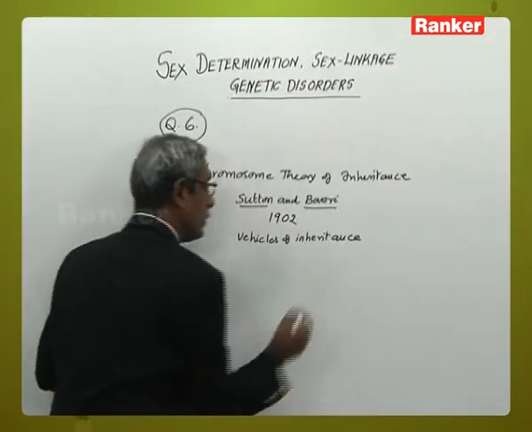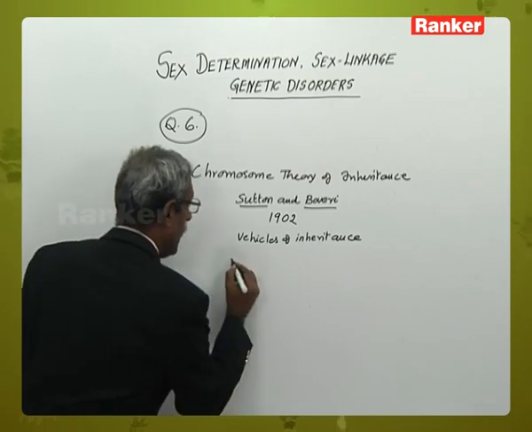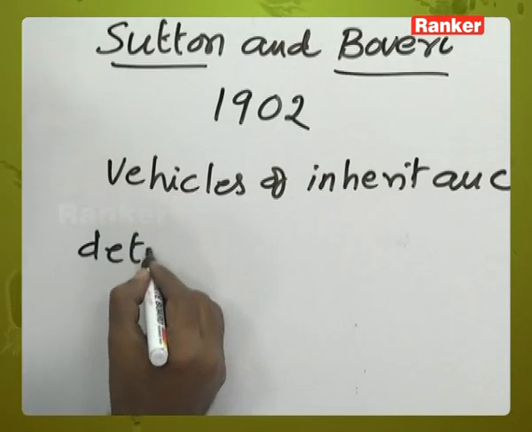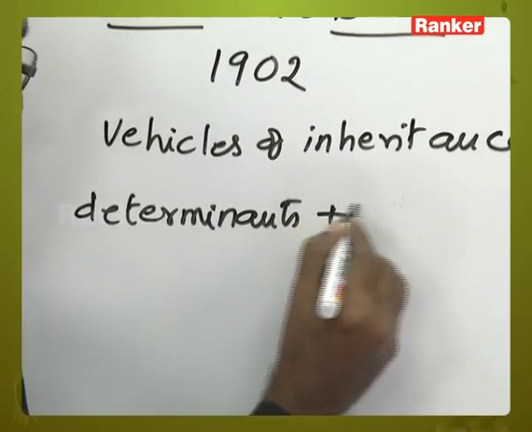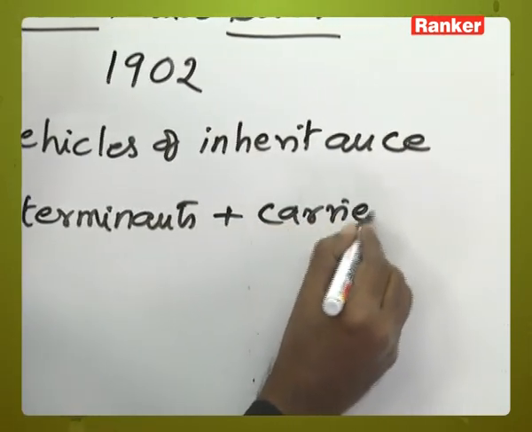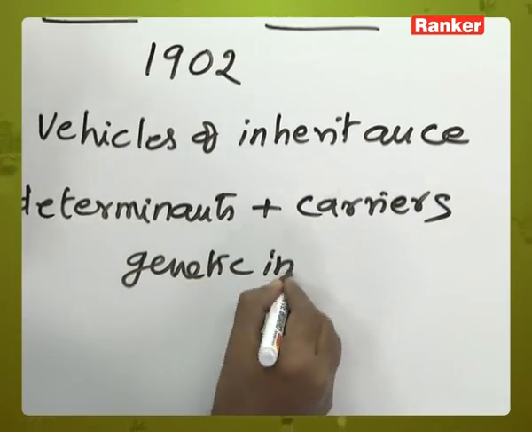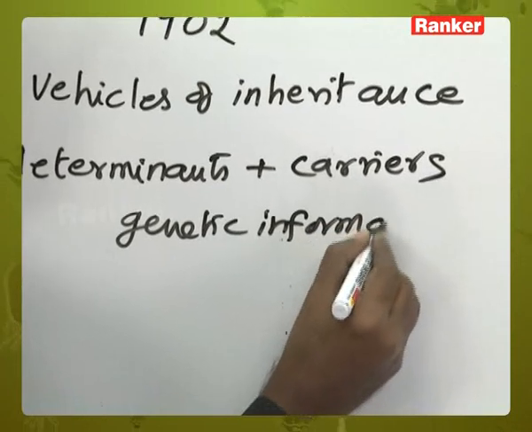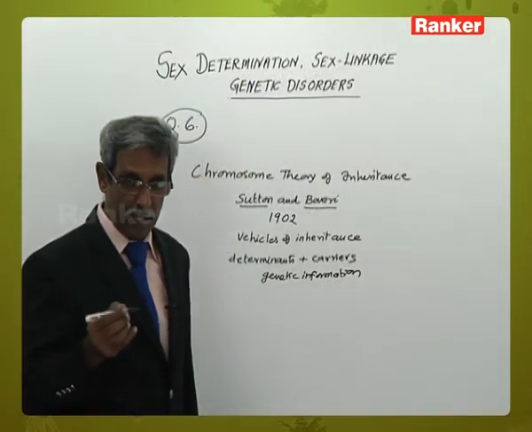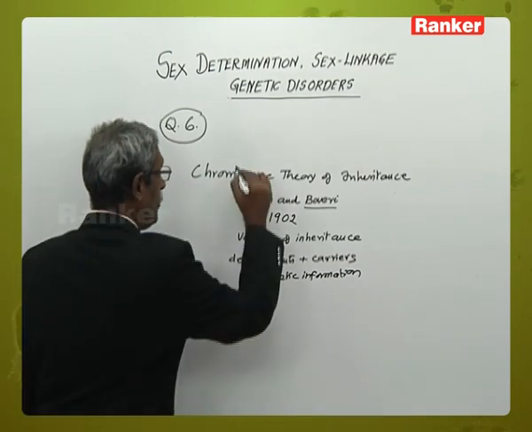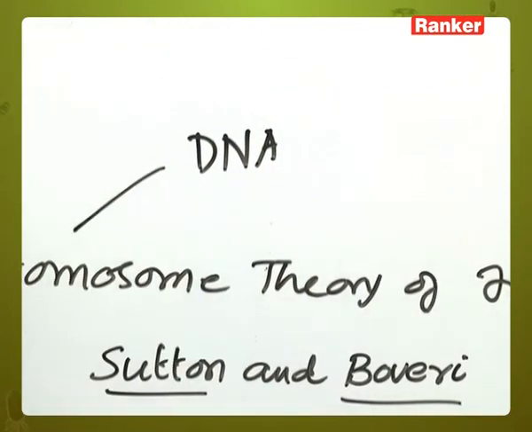Or chromosomes predominantly are the determinants and the carriers of genetic information from one generation to another, and again the chromosomes bear the DNA.